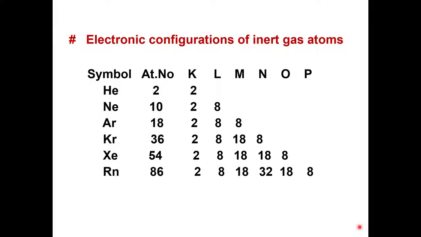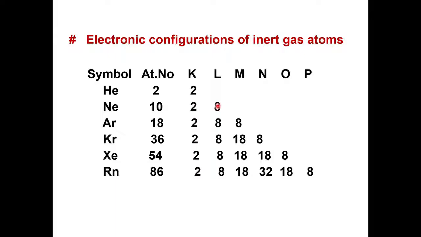Now, the electronic configuration: electrons are arranged in a number of orbits like K, L, M, N, O, P. Helium has atomic number 2 and both electrons are in the K shell. Neon contains 2 and 8.